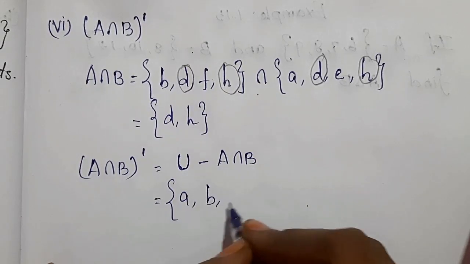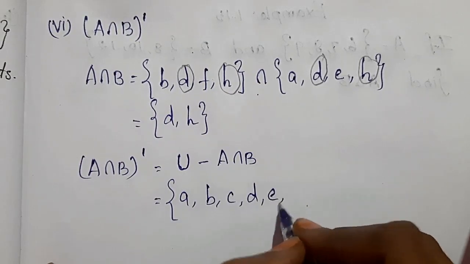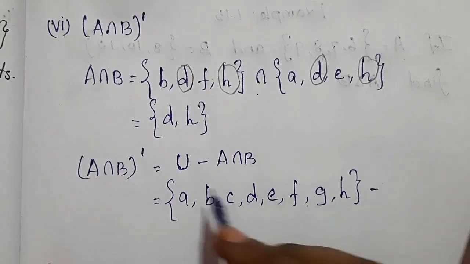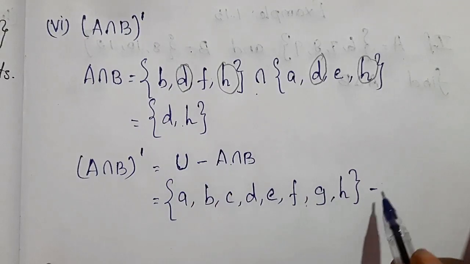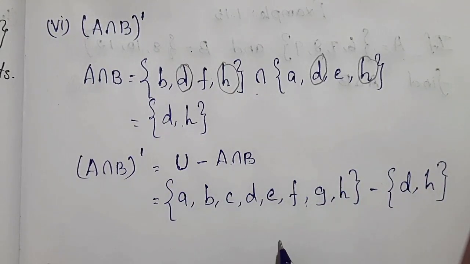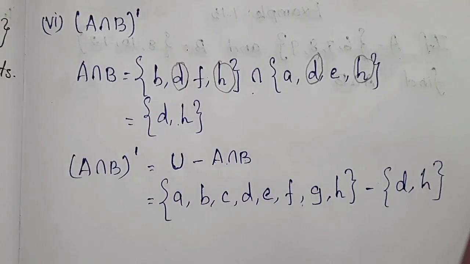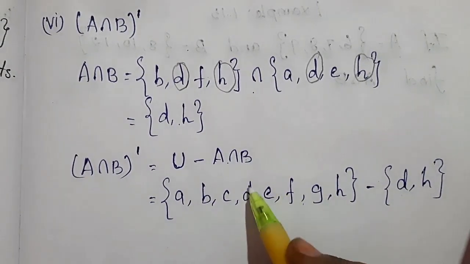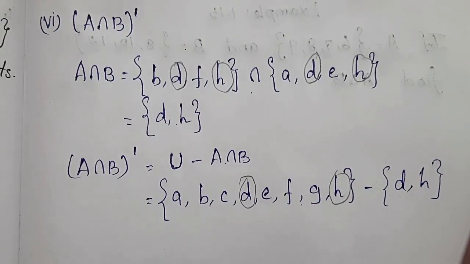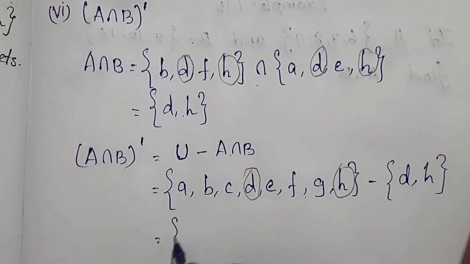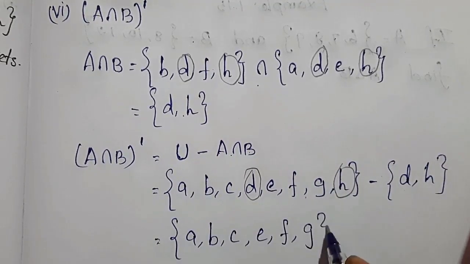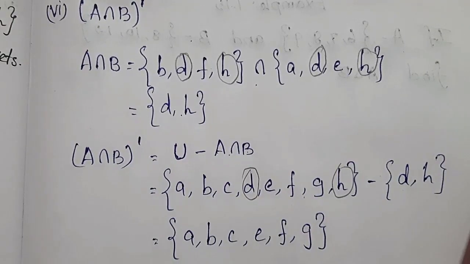A, B, C, D, E, F, G, H. Then minus the A intersection B set, which is D and H. From the universal set, just remove these elements and you will get the answer. So we remove the D element and the H element, and write the remaining set of A, B, C, E, F, G. So this is A intersection B complement.